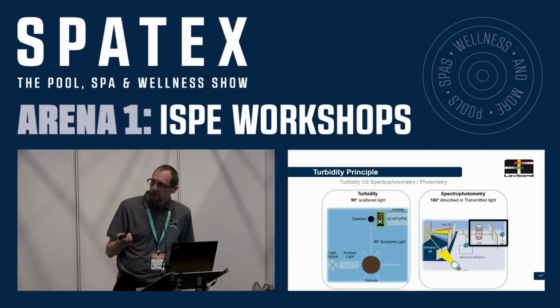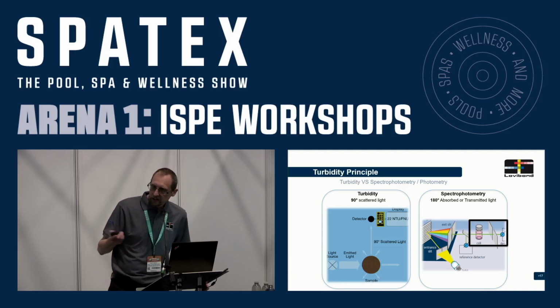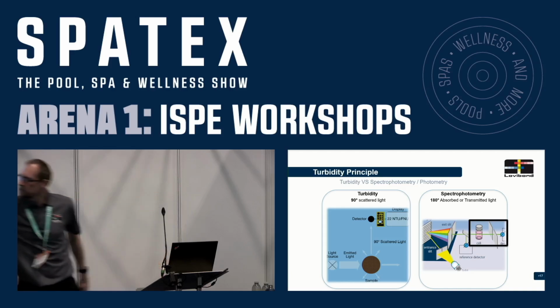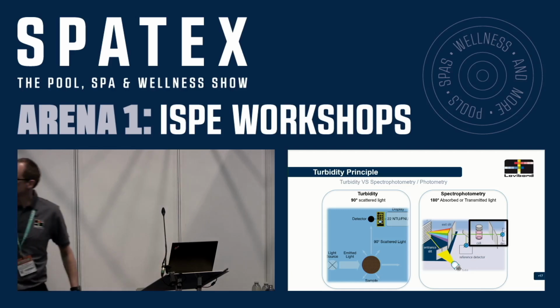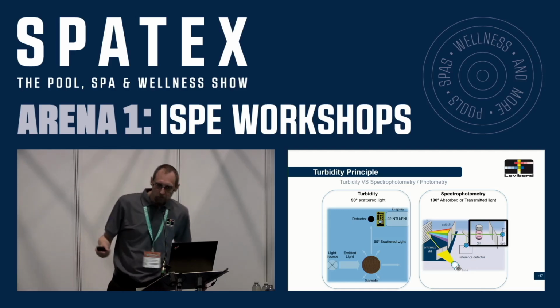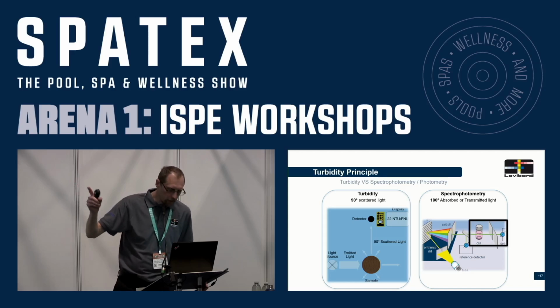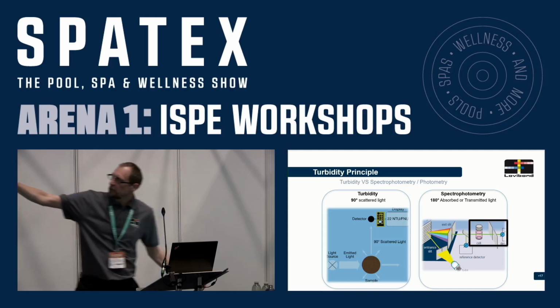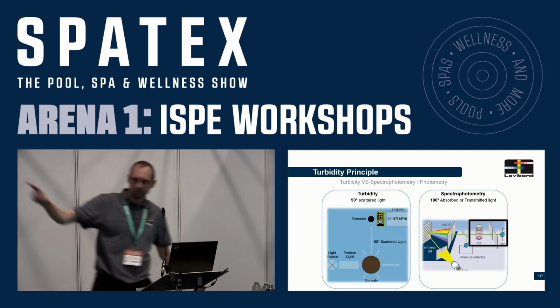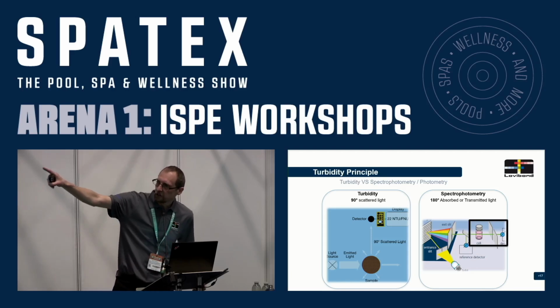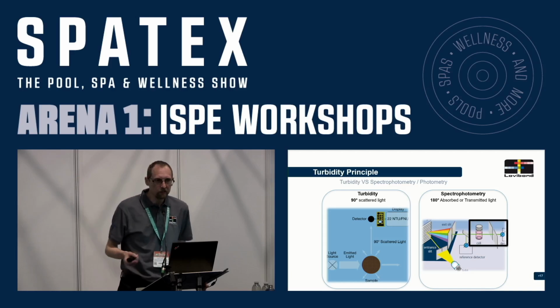With turbidity, it's different. So you will get light going straight through, but we're actually wanting to measure the scattered light. So your detector, which in a normal photometer will be here, your detector in the turbidity meter is at a 90-degree angle. So that's why you need a specific turbidity instrument.